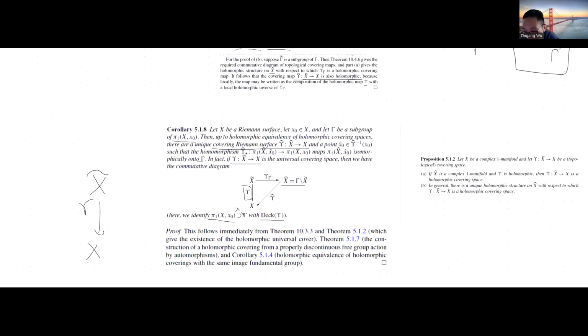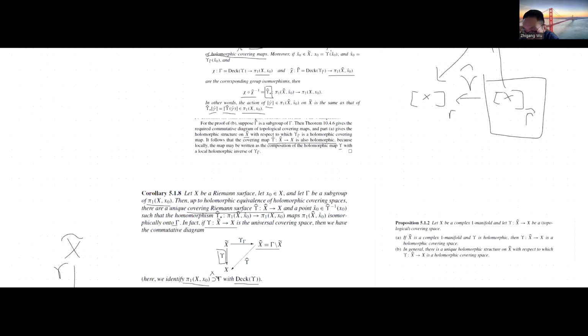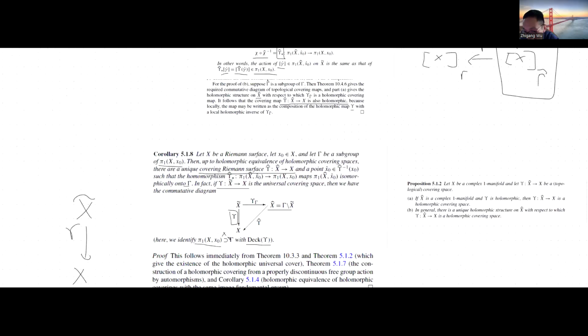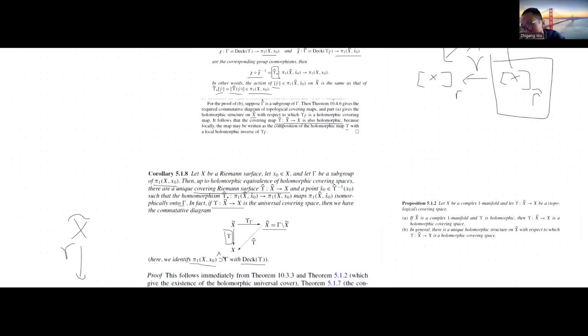So we identify the group Gamma with the deck transformation group with respect to this gamma hat.